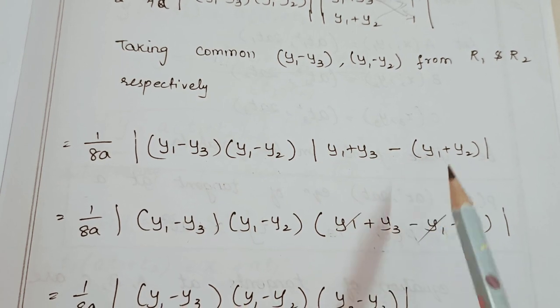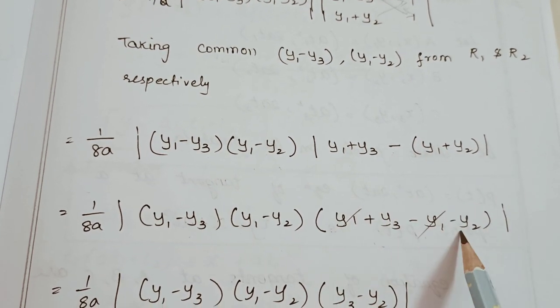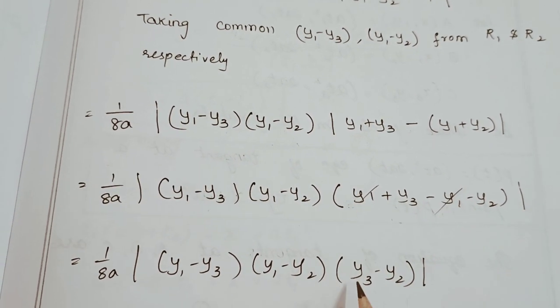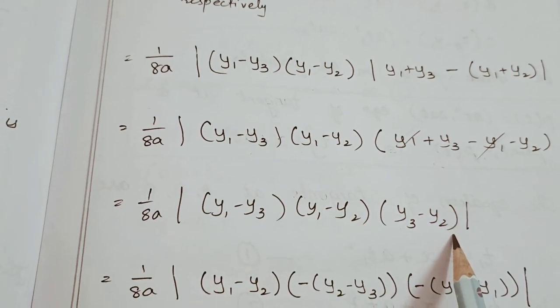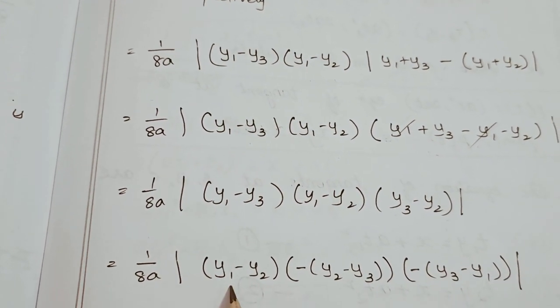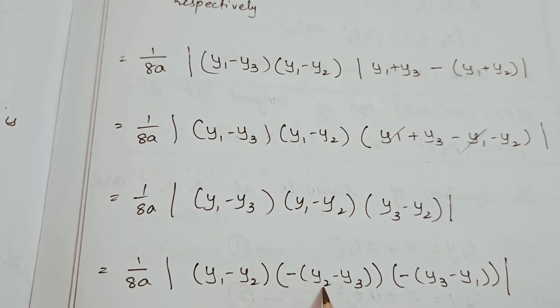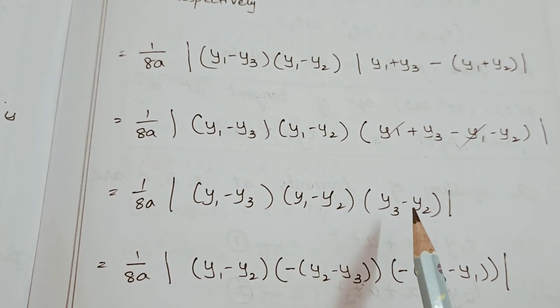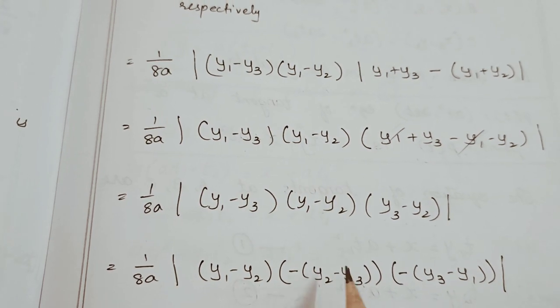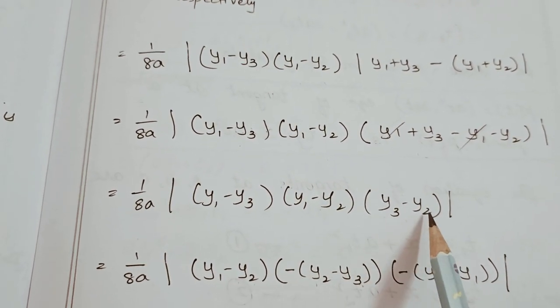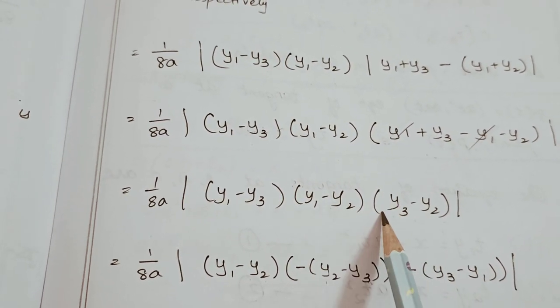Multiply here. It will become y1 + y3 minus y1 minus y2. y1 and y1 get cancelled. You will get y3 − y2. So 1/8a (y1 − y2), this one, and (y2 − y3). We want y2 − y3, but we have −y2 and +y3.